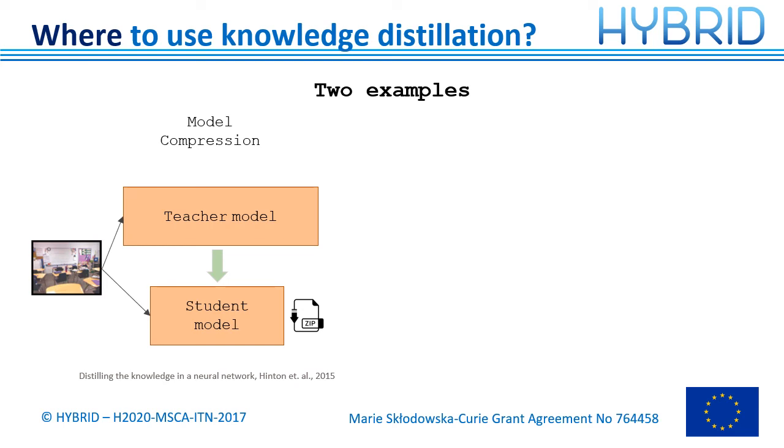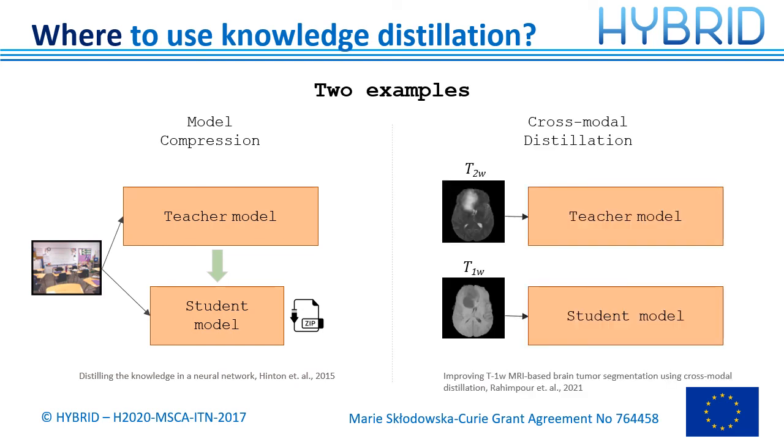However, knowledge distillation can be also used in the context of domain adaptation or cross-model distillation. In this case, the teacher and the student model works on different data domains, and it's hypothesized that the representation learned by the teacher model contains valuable information which can refine the training of the student model.